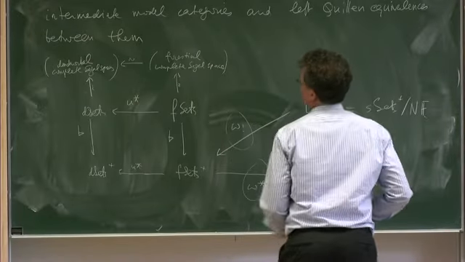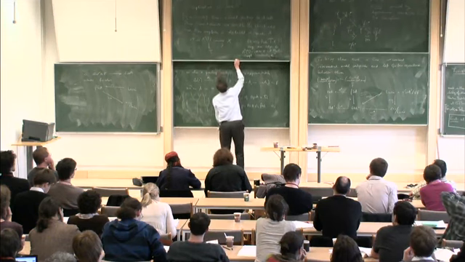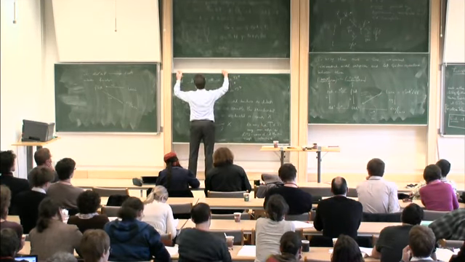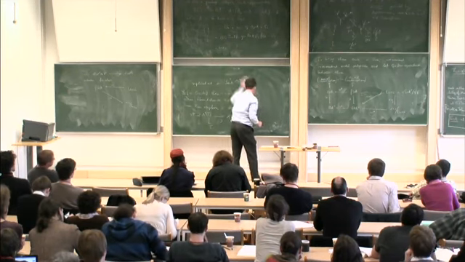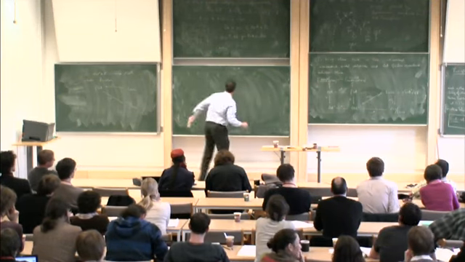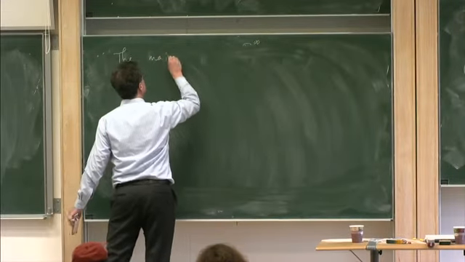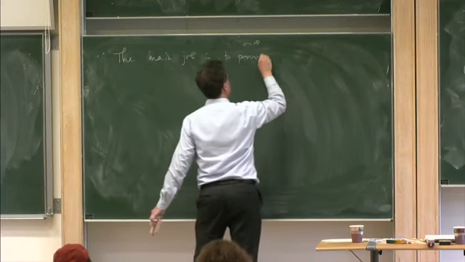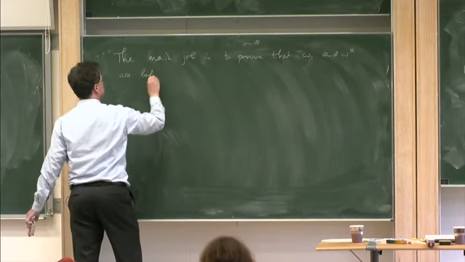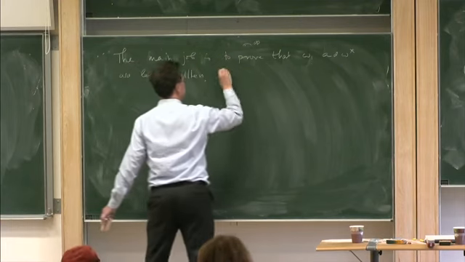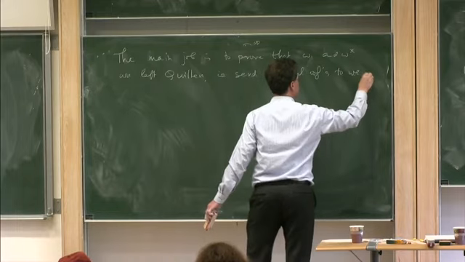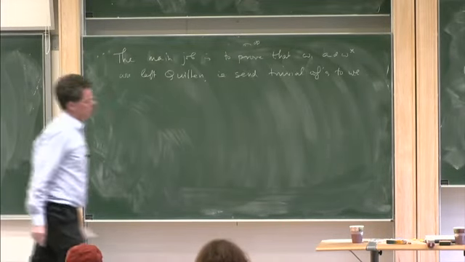Okay, the main job is to prove that omega shriek and omega upper star are left Quillen, i.e. send trivial cofibrations to equivalences.